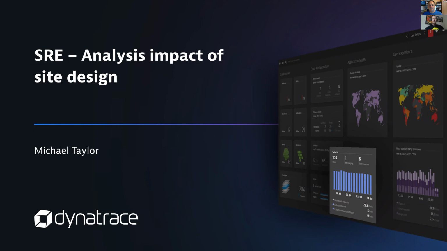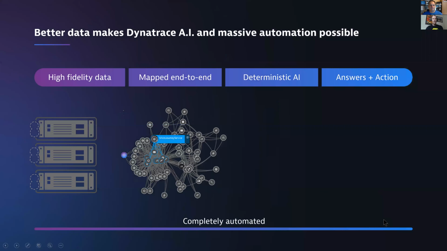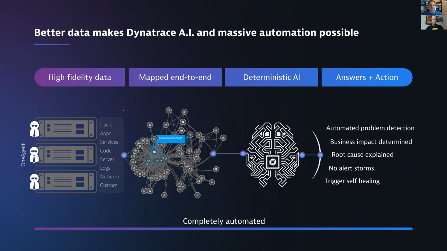So just a little bit of an overview of what Dynatrace is so everyone understands. It's an agent-based technology. It goes into your systems, your servers, and it also does JavaScript injection. It collects this data set and pieces it together into an entity relationship model that we call the Smartscape. That data is then sent off to a deterministic AI engine called Davis.